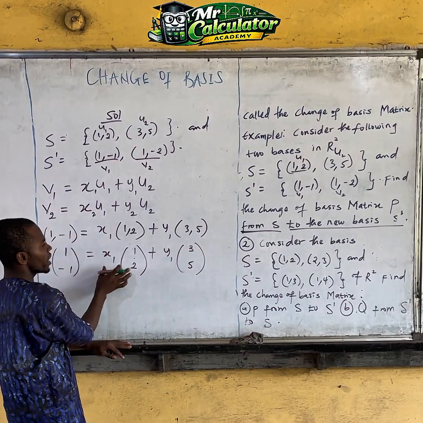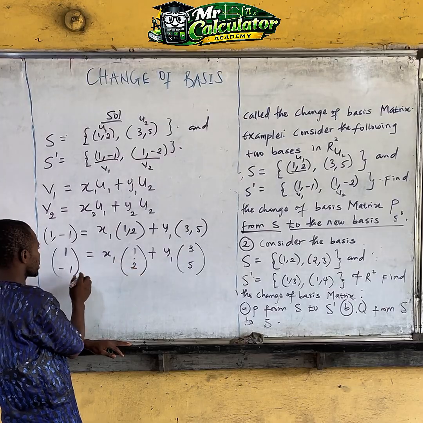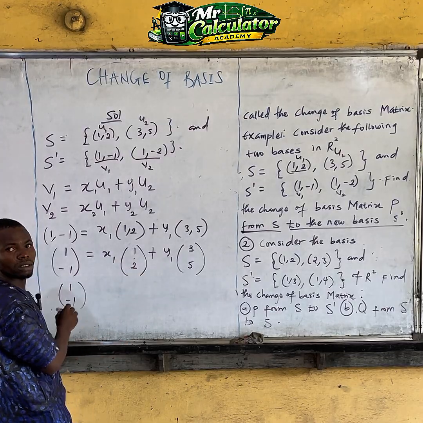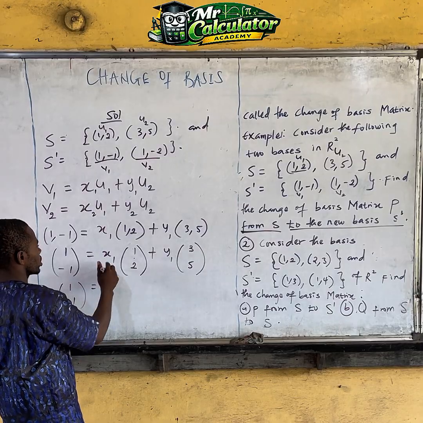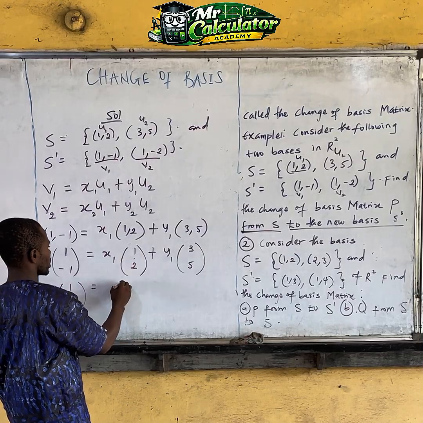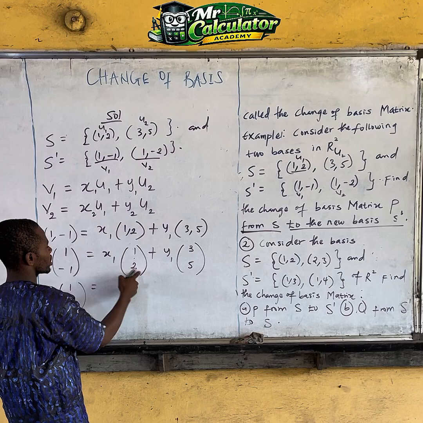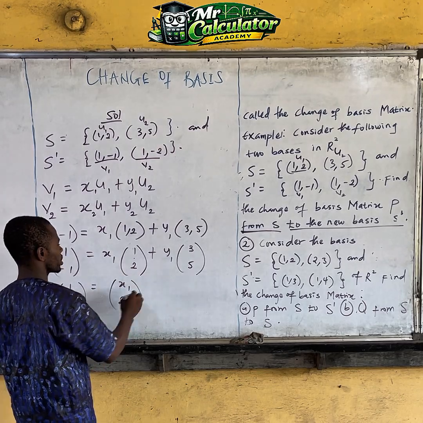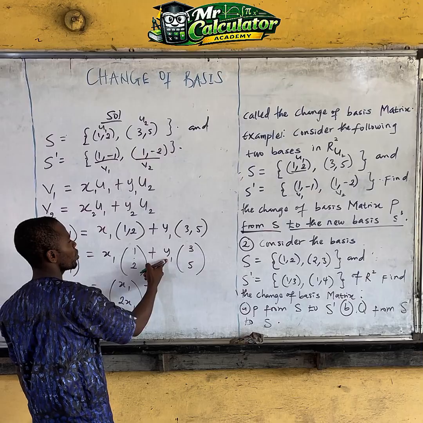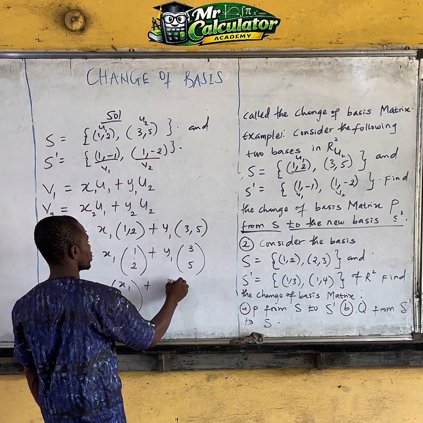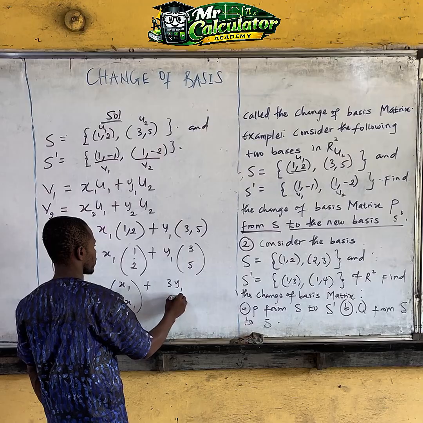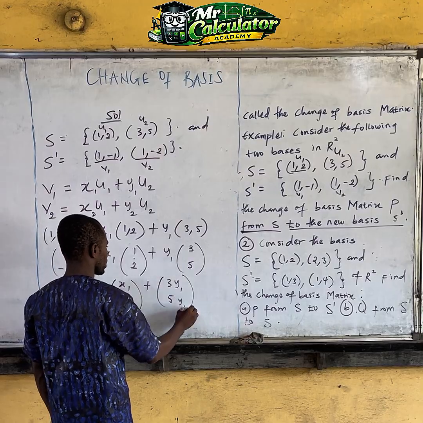As you can see from here, we can open the brackets: (1, -1) equals X1 times 1 is X1, X1 times 2 is 2X1, plus Y1 times 3 is 3Y1, Y1 times 5 is 5Y1.